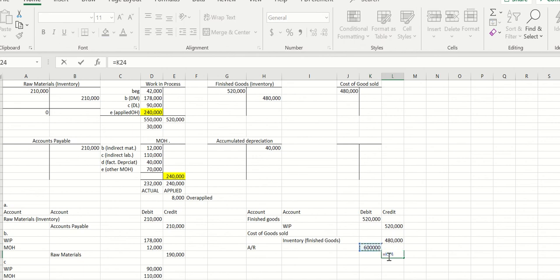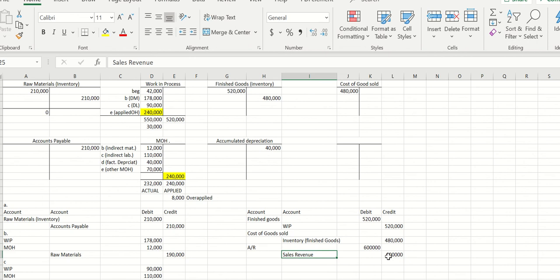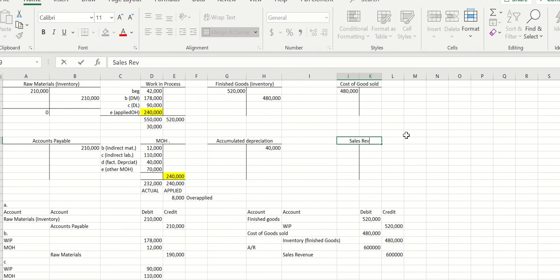And that would give you your sales amount. And we would have sales revenue here. Oh, we forgot our cost of goods sold right here. Yep, so that would conclude your entries. You would need a sales revenue account and an accounts receivable account as well to finish up this entry.